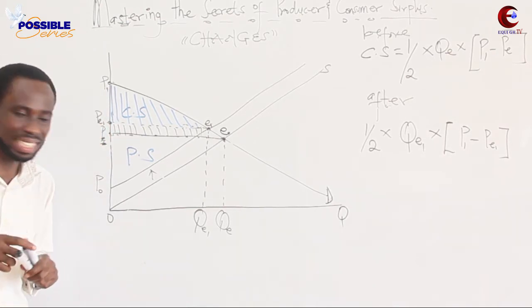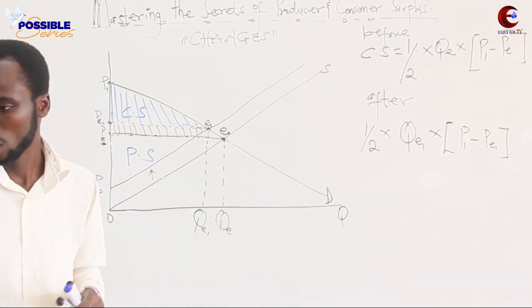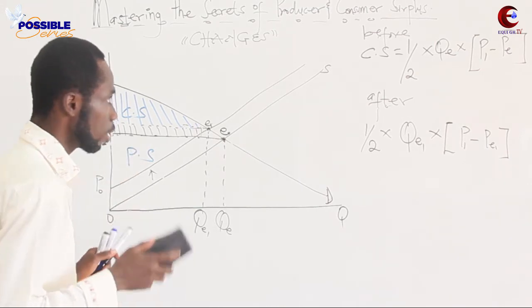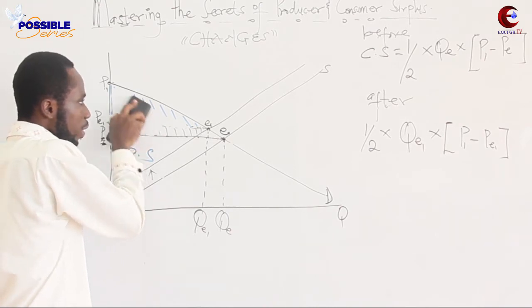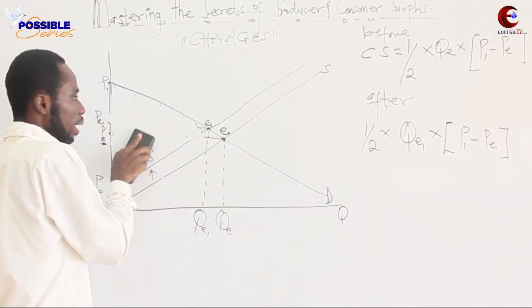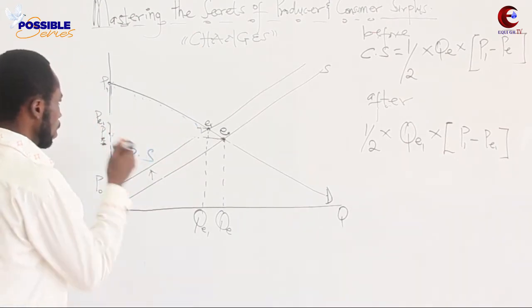Now let us look at the producer surplus, and then from there we close a chapter to the changes. These are the secrets. They are very, very important. You have to pay attention to them. They are very crucial. So we have our consumer surplus here, and then we are focusing on the producer surplus.